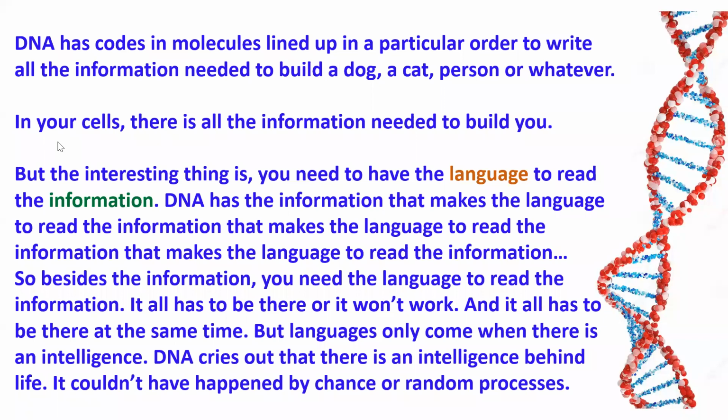All the codes are there in your molecules, the genes lined up in a particular order to write all the information needed, whether to build a dog or a cat or a person or whatever. So that's the DNA, and it is made up of all your gene sections. In your cells, there's all the information needed to build you.